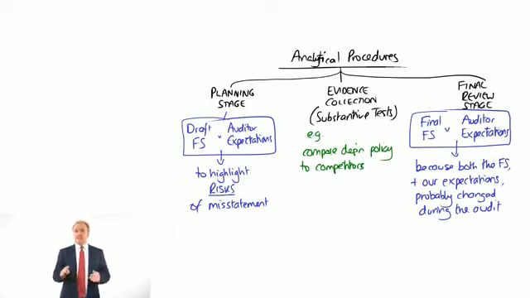So evidence collection analytical is much more specific, aimed at individual numbers in the accounts to try and prove it looks about right. Okay, so that is analytical procedures at the final stage of the audit. That's what it's getting at when it referred to ISA 520, analytical at the final review stage.